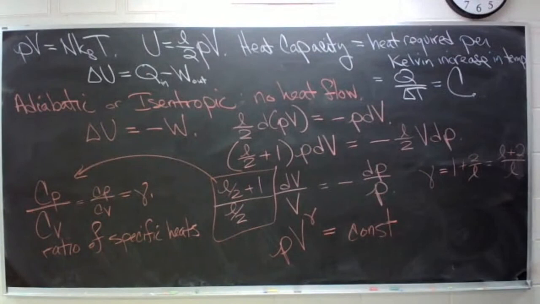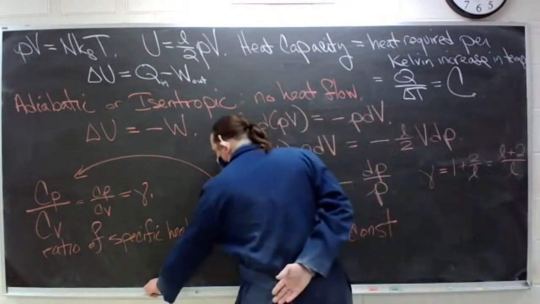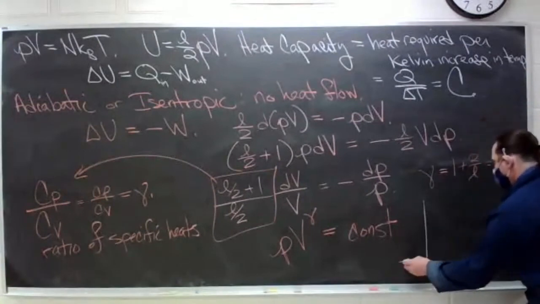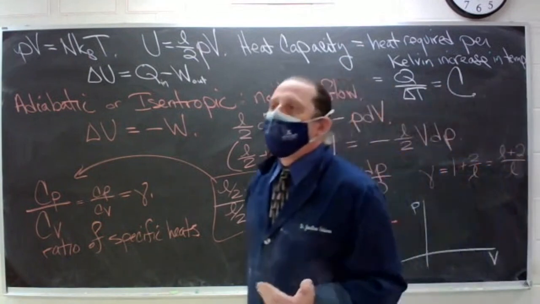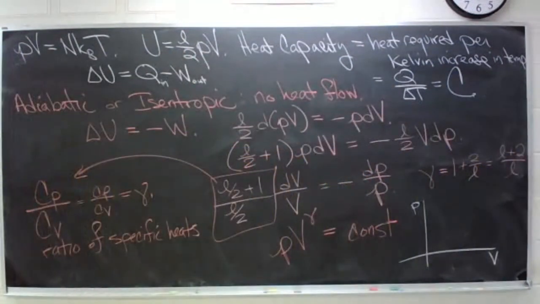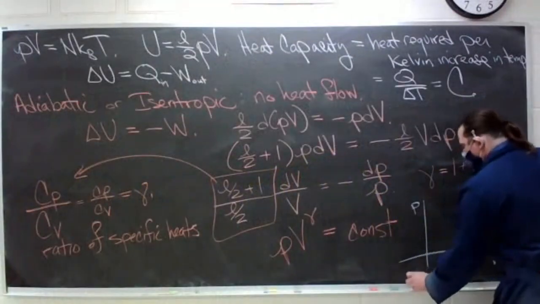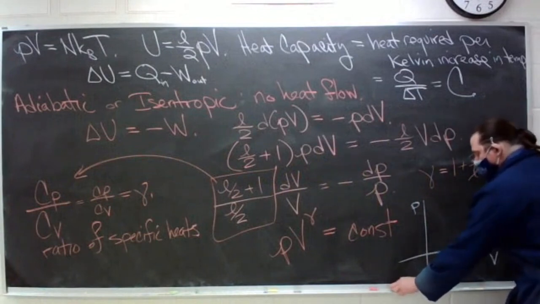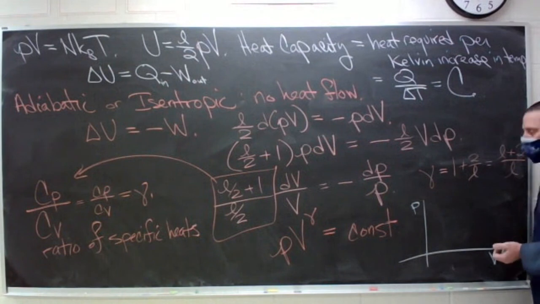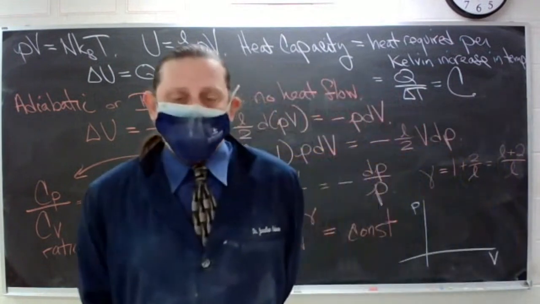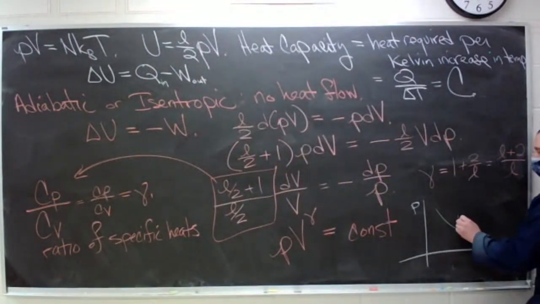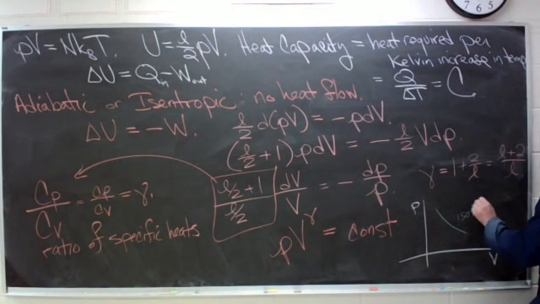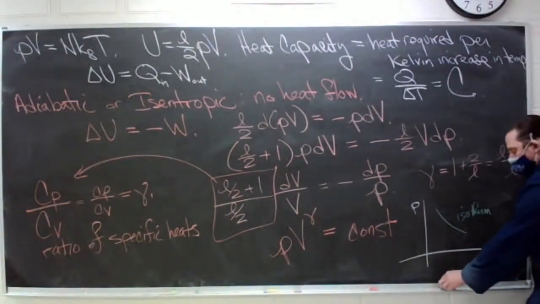So that means that if we were to compare in a PV diagram an isothermal process to an adiabatic process, isothermal has PV equals constant, or P equals constant divided by V. So that would be my isotherm.